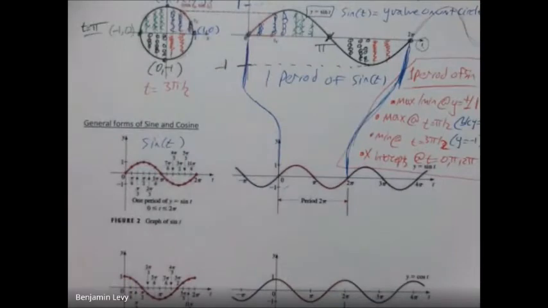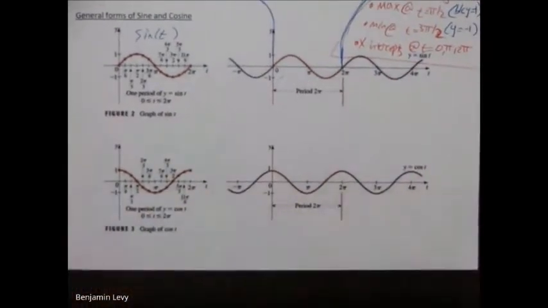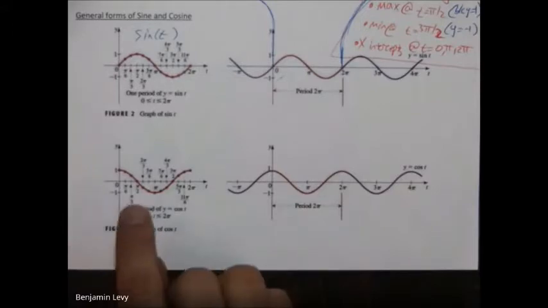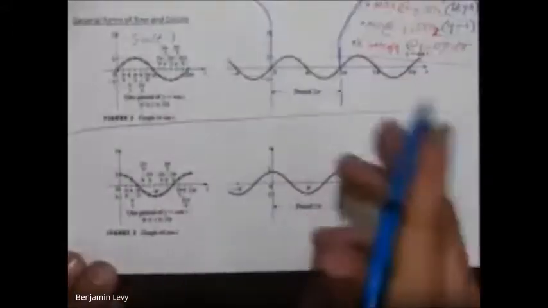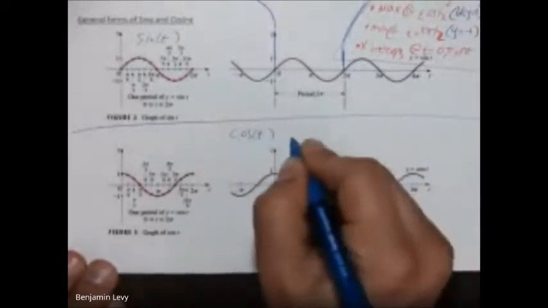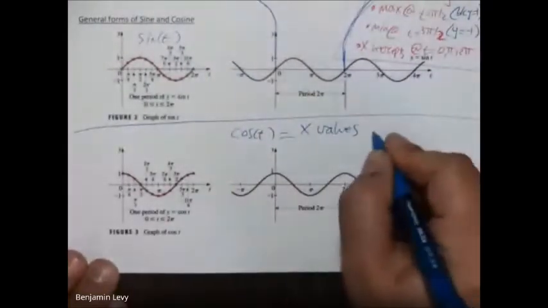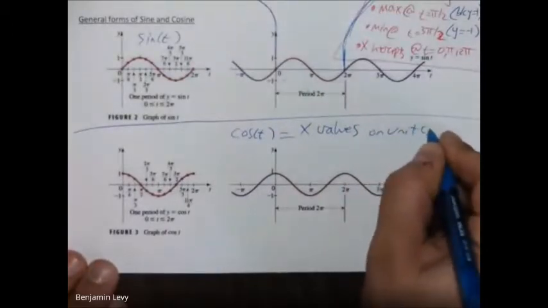Now cosine works the exact same way. I'm not going to go through it in the same amount of detail because it's the exact same thing, but we can do it in a similar kind of way here. So this is now cosine. Make this clear here. So now we're thinking about cosine of t. And when we're thinking about cosine, we're thinking about the x values on the unit circle.